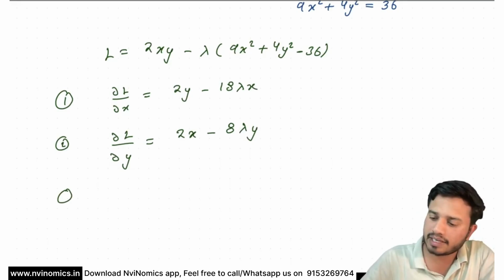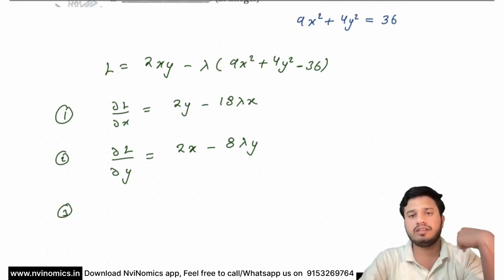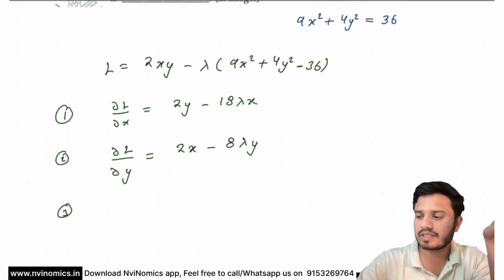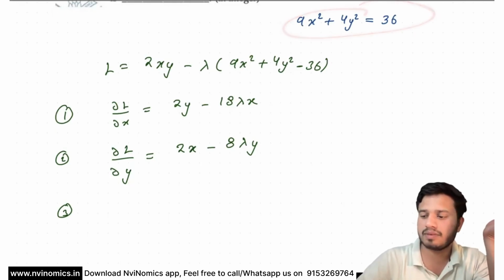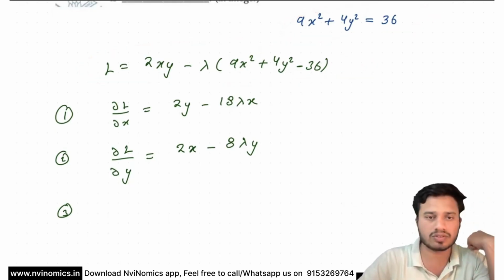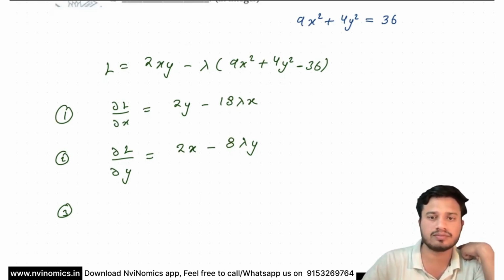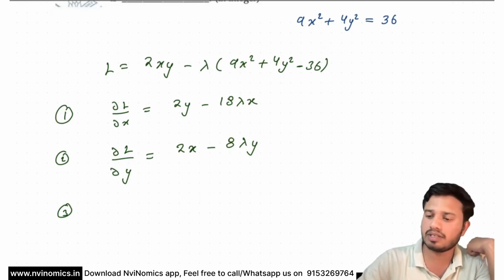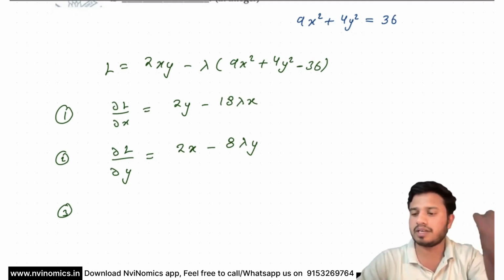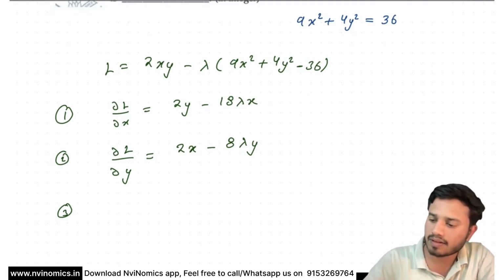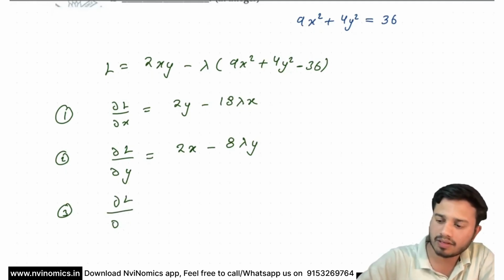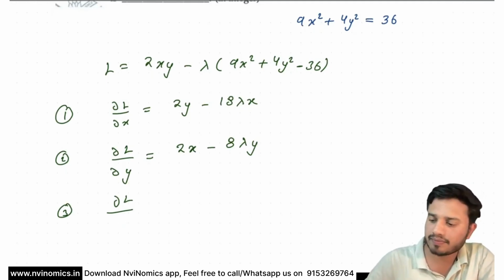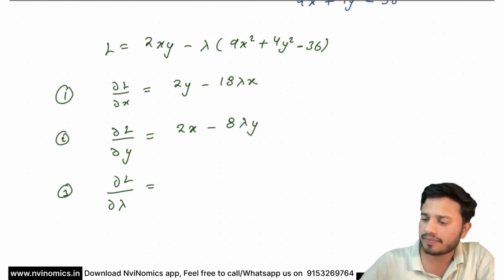And the third equation, you can directly write it, our third equation was this only, but you can find it from here also. How? Just differentiate with respect to lambda.